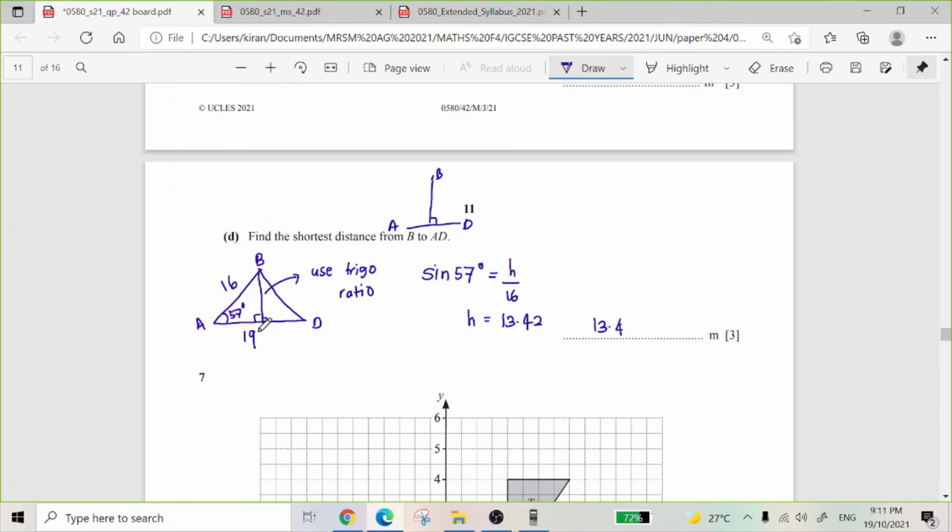Okay, jadi kita nak dapatkan tinggi ni, inilah shortest distance dia. Okay, kita dapatkan tinggi ni, kita guna sin, which is sin 57 equal to the opposite length, which is the distance from B to AD, bahagi dengan hypotenuse, we have 16. Okay, tak boleh guna 19 ni. 19 ni ialah length untuk AD. Bila you letak this line, automatically AD ni boleh bahagi dua.